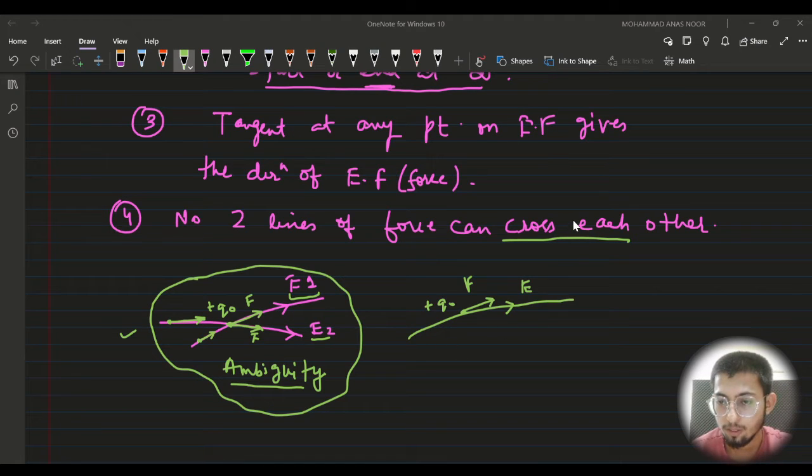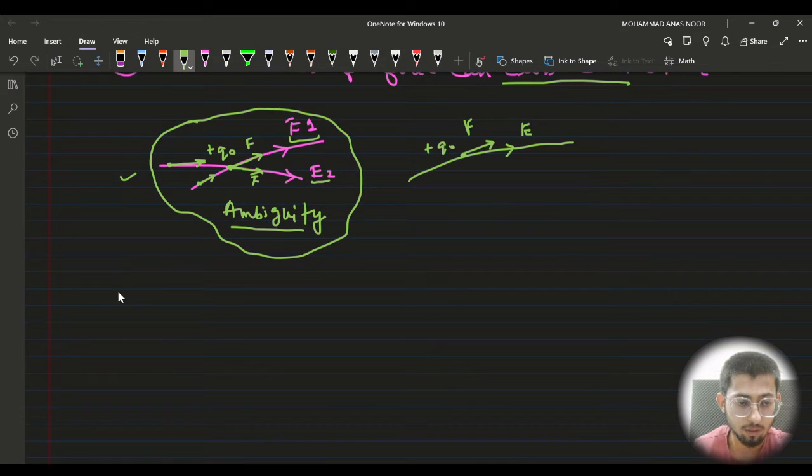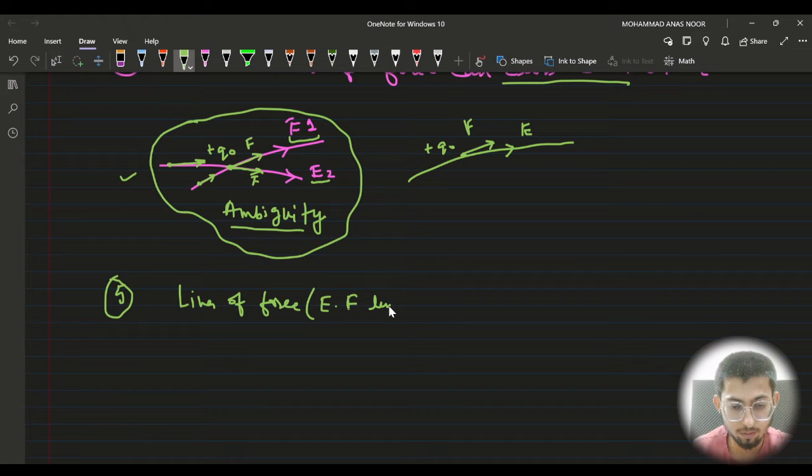The next property says that the lines of force are always normal to the surface of the conductor. You write this at this point, and we'll discuss it later when we move on to conductors. It is an altogether different topic. Line of force, which is also called electric field lines, same thing, right?